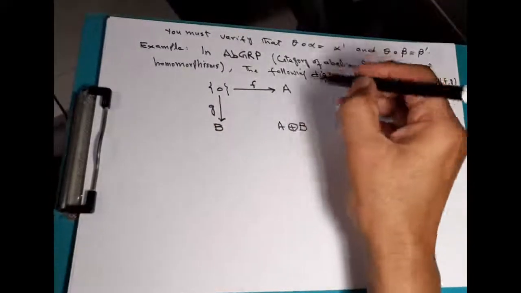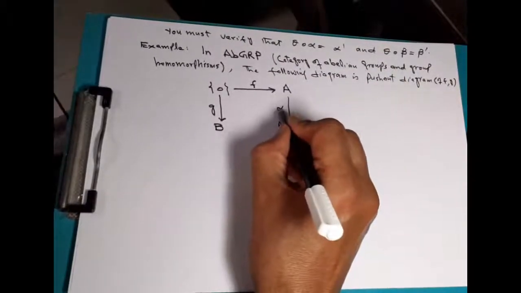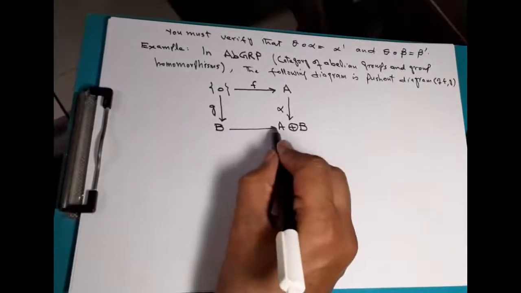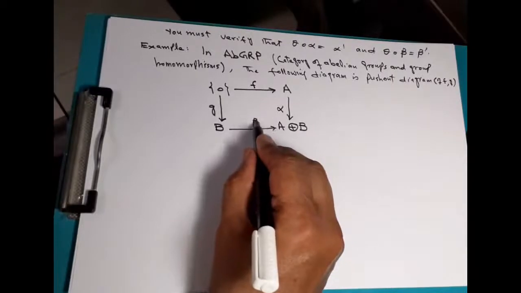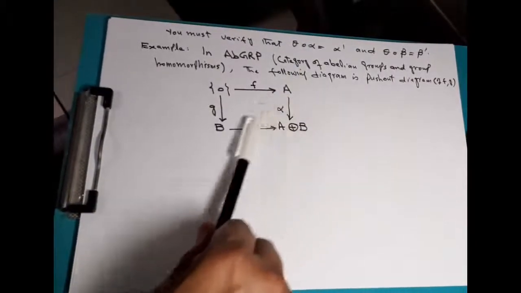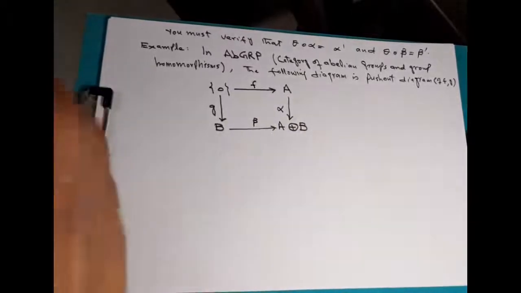So we have a map from A to A plus B, let's call it alpha, and a map from B to A plus B, let's call this beta. You are very much familiar with these two maps, alpha and beta.